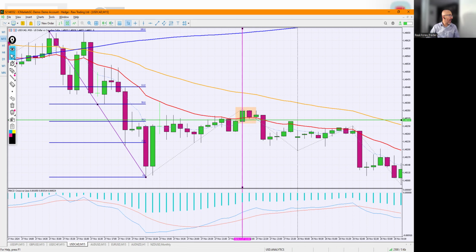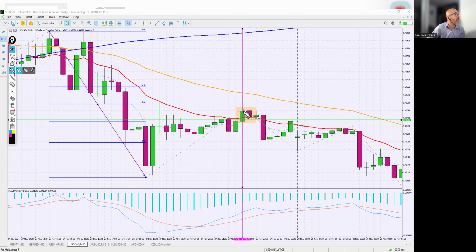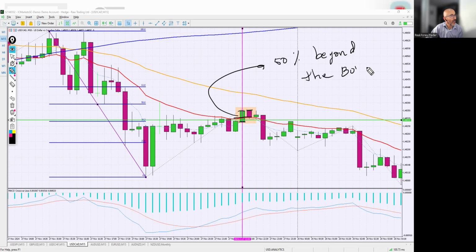Remember, I have my bull candle here, right? And my bear candle opens slightly above the bull candle and closes, you see, around 50% or beyond that bull candle.